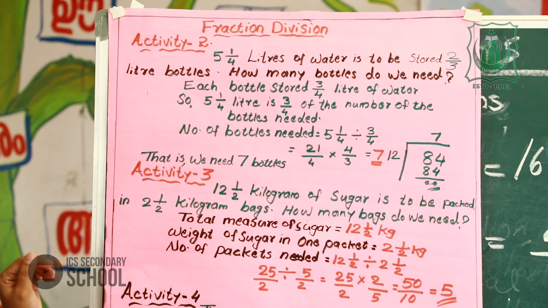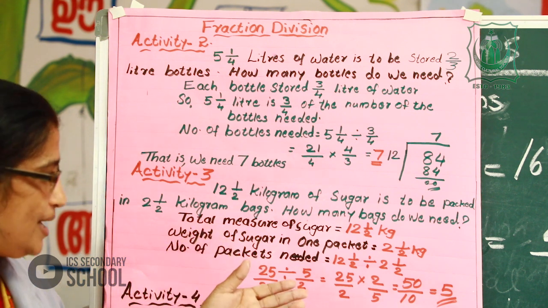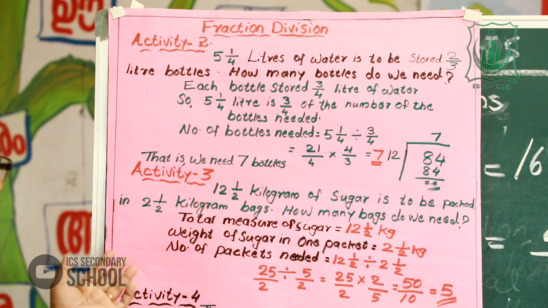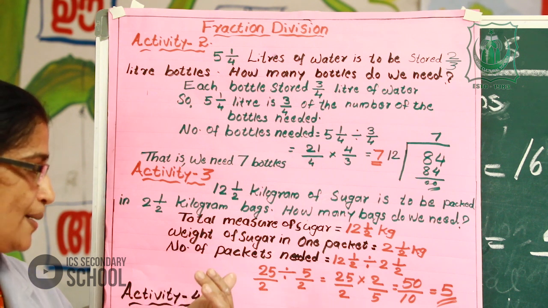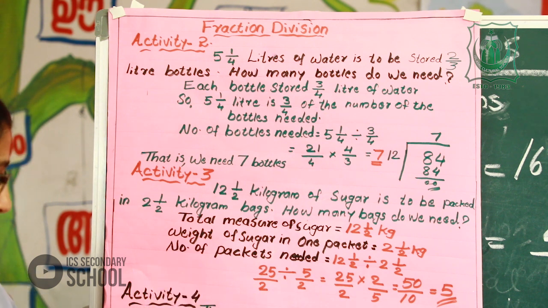Activity 3. 12.5 kilograms of sugar is to be packed in 2.5 kilogram bags. How many bags do we need? Total measure of sugar 12.5 kilograms. Weight of sugar in one packet 2.5 kilograms.